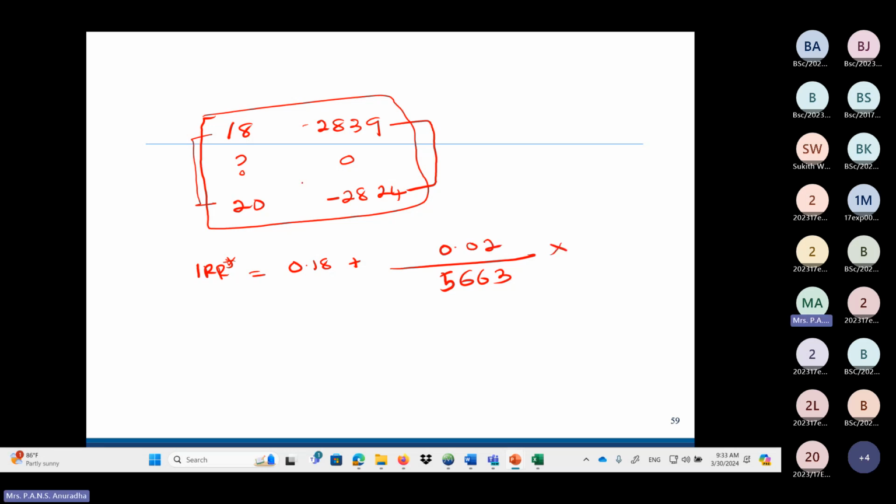For this difference of 5,663, the rate has differed by 2%. So for the gap of 2,839, this 18% should increase by how much? Let's solve this.